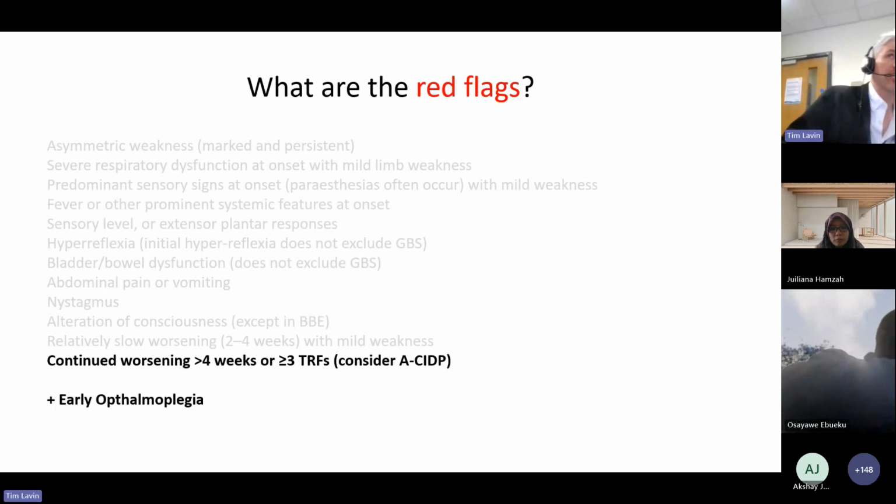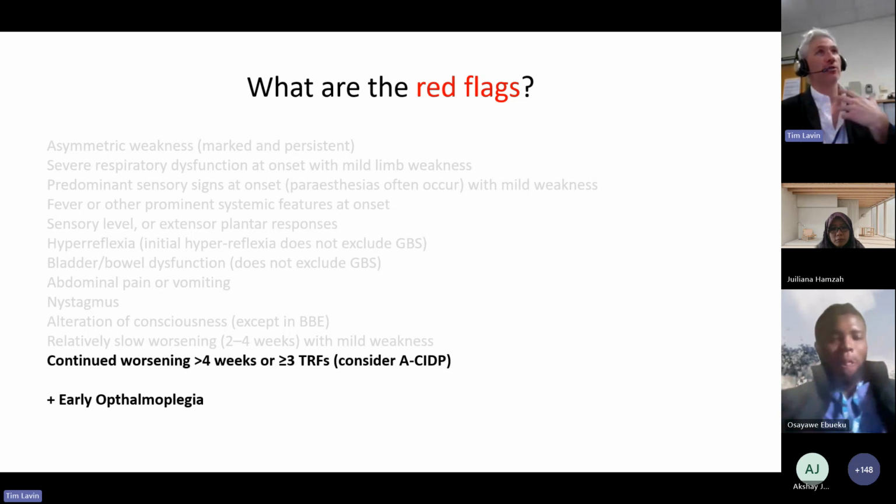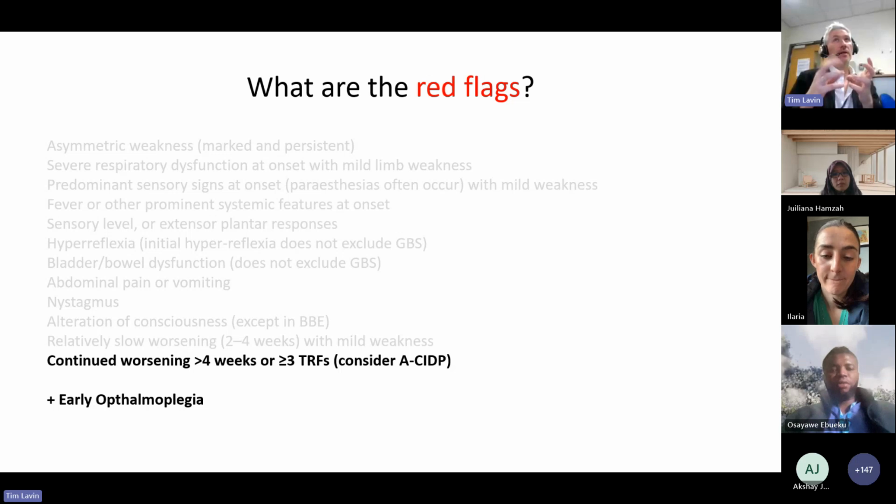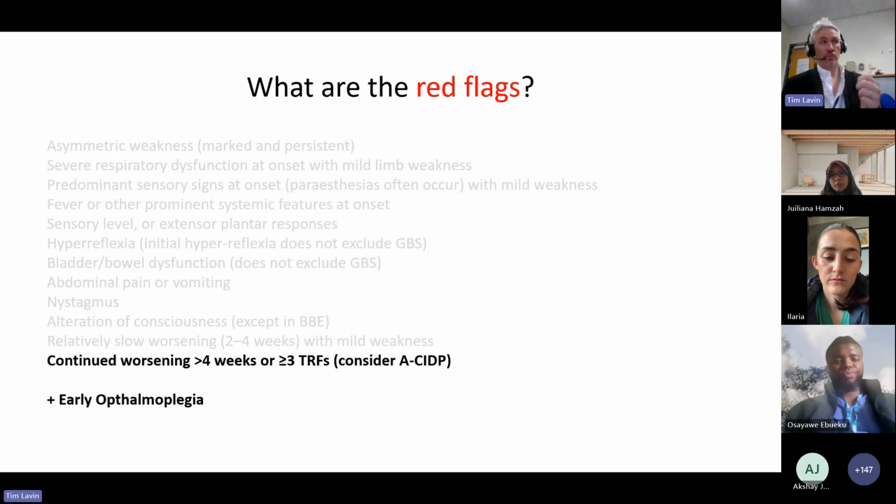I've talked about ganglioside antibodies before, and you'll often be asked about checking the ganglioside antibodies and making sure it's done. And we talked about IVIG and how it's important to give that early. But if you've got a patient who's not improving or is atypical, ganglioside antibodies don't change management in any way, shape, or form, whereas these antibodies do.